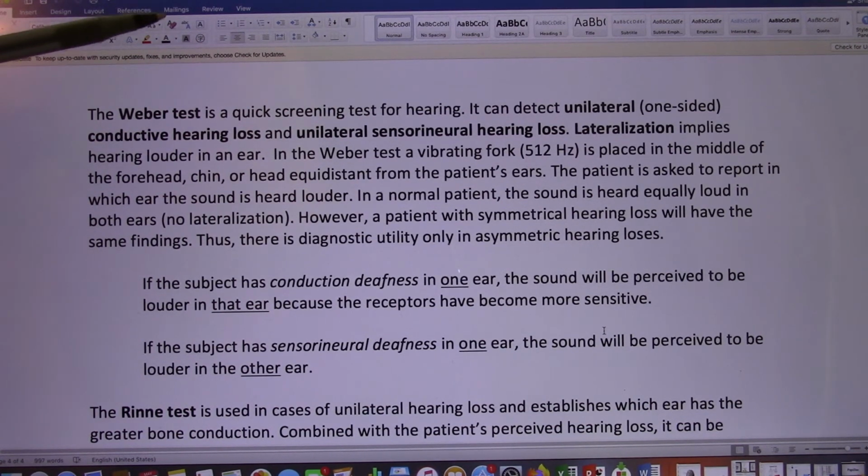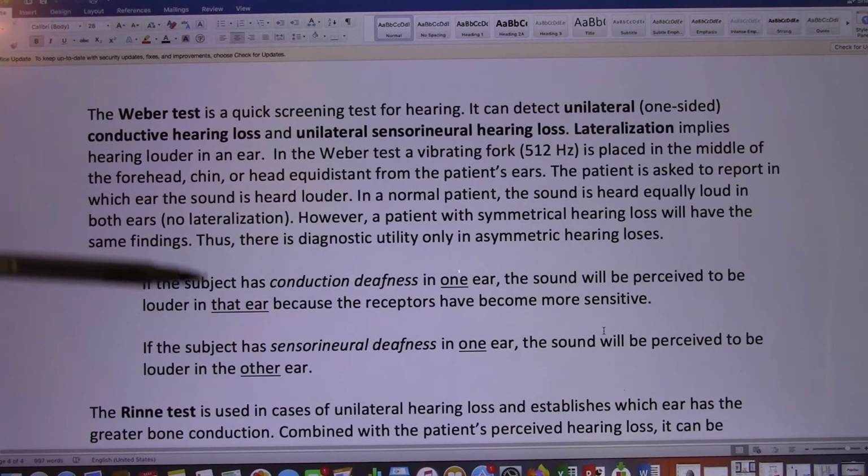They will use a tuning fork and put it in the center. If one side sounds louder than the other, then you have auditory loss. They will do this experiment, and I'll basically leave it to you.